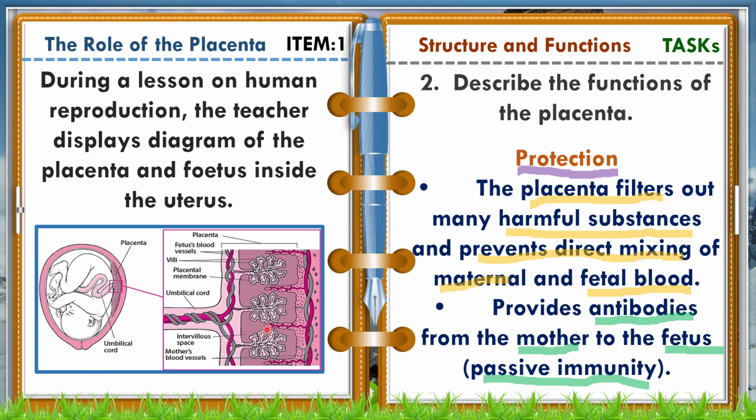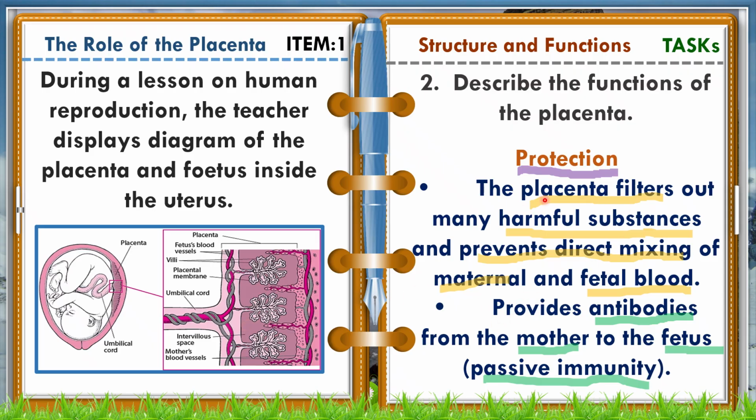They will diffuse into the intervillous space, then into the chorionic villi, and inside the chorionic villi they will find blood vessels of the fetus. They will enter the blood vessels of the fetus and be carried into the baby through the umbilical cord. So that is also another function of the placenta, protection.